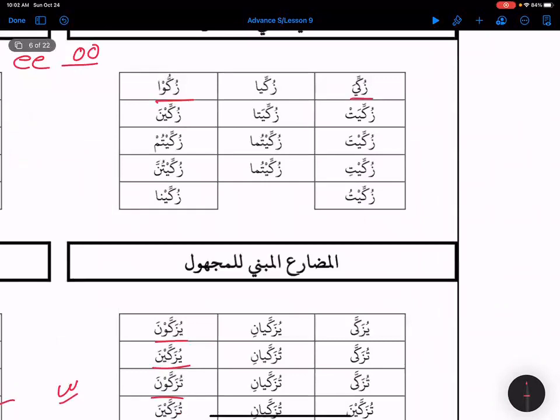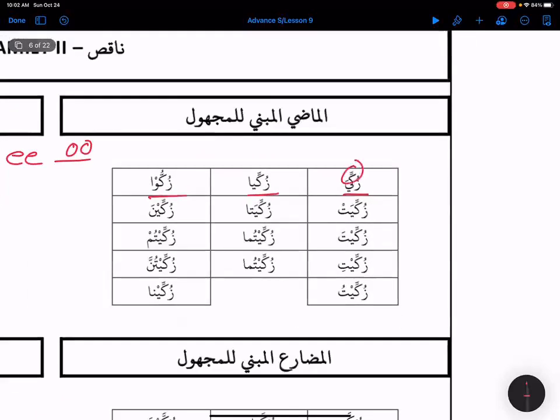So zukiya with long alif, and then zuku. Again, we see that it has kasra over here, the middle root letter having E sound, so at hum it is taking U sound. So that becomes zukuu, and then zukiyat, zukiyata, zukina, zukita, zukituma, zukitum, zukiti, zukituma, zukitunna, zukitu, and zukina.